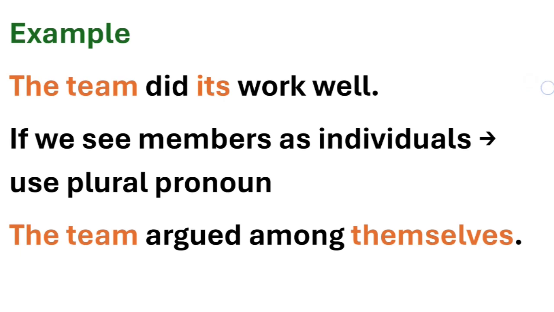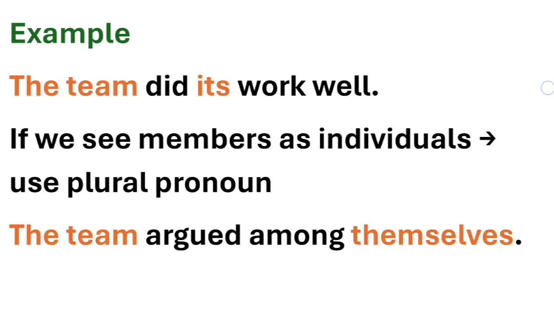The team did its work well. Now the team, suppose there's a cricket team made up of 11 players. There are 11 players in it, but we are considering those 11 players as one single unit. So we'll use in that case the pronoun its, which is a singular pronoun. Hence this will be: the team did its work well.